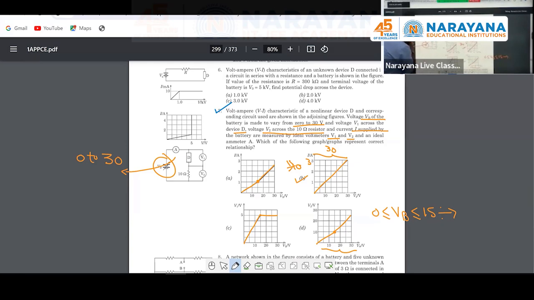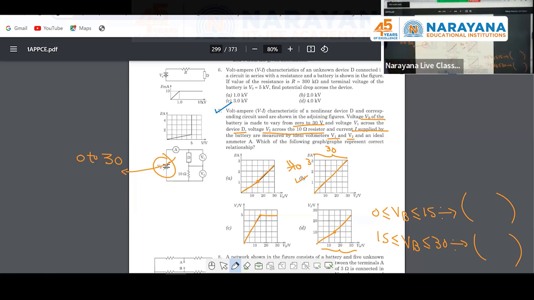So basically, after that, it doesn't change the voltage. So that means this person will have a value of what? What is that value after which it will increase? Character-wise, I am convinced. My only concern is for 15 less than equal to VB less than equal to 30. I want to see the variation also, the function.